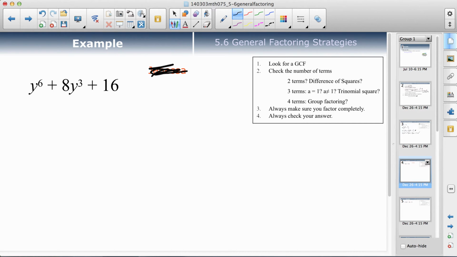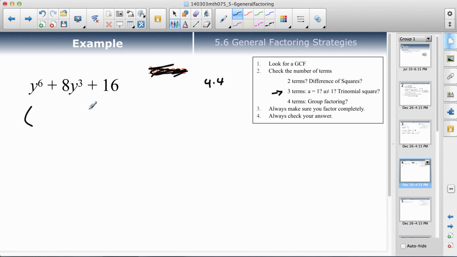Oh, whoops. I had somebody plan to do that question, but don't do that. Okay, here's another one. So I have y to the 6, plus 8y cubed, plus 16. I've got three terms. The number up front is 1, so I can look for two numbers that multiply to 16 and add to 8. So 4 times 4, that would be it.